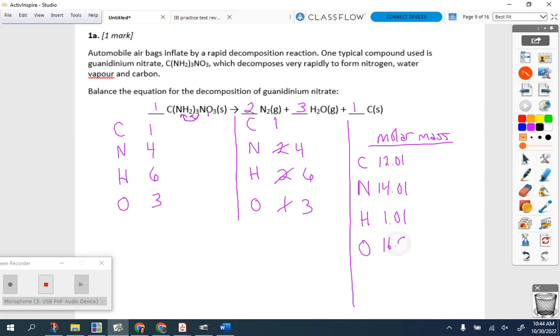So the same thing that we had to do when we balanced the equation, we're using for the molar mass, because the relative amounts, the relative masses of each element in the whole compound are important. So I can't just add up these numbers from the periodic table. I have to multiply them by how many of them appear in that formula. So carbon, we only get 1. Nitrogen, we've got 4. Hydrogen, we've got 6. And oxygen, we've got 3.